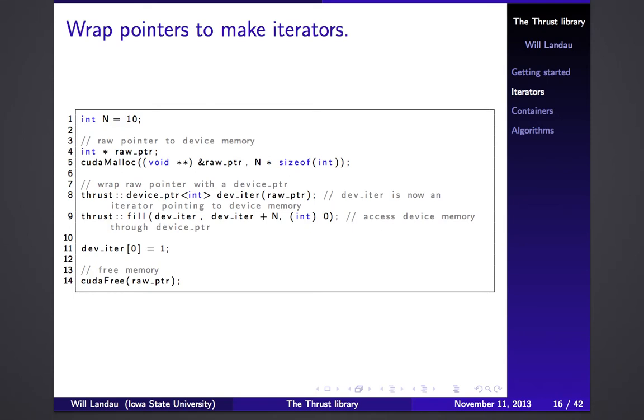So first of all, you've got to have a pointer, and you've got to have memory allocated to it. And after you do that, you can call this thrust function called device pointer. And it's going to be a pointer to ints, and it's going to be called dev_iter. That's the name. You can name it anything you want. And it's going to get the pointer stored in raw pointer.